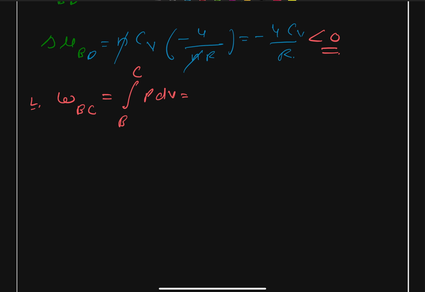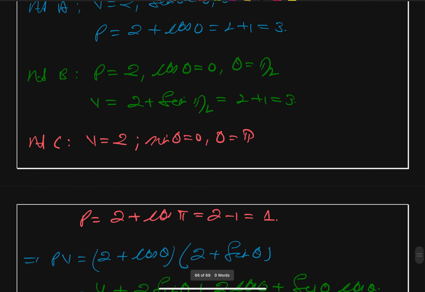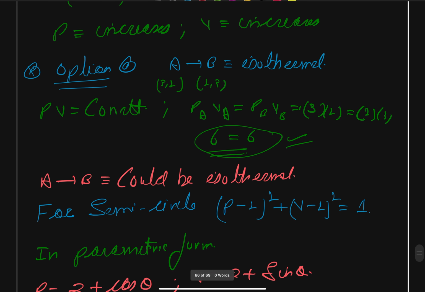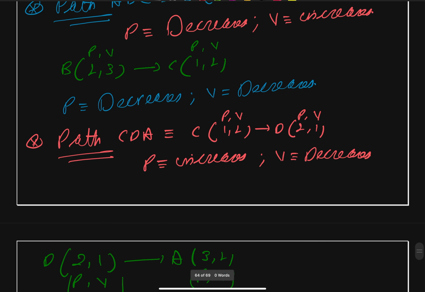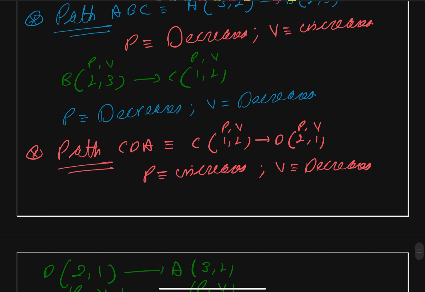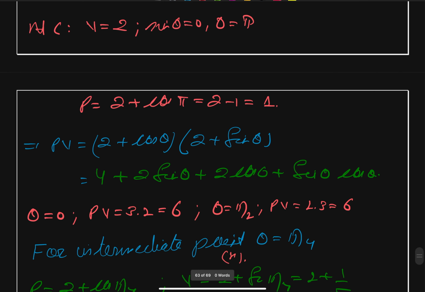For path B to C, we have already written that there is a decrease in pressure as well as a decrease in volume. So it means this dV will be negative.